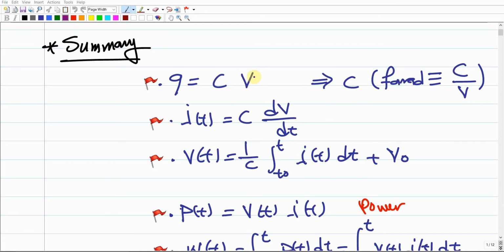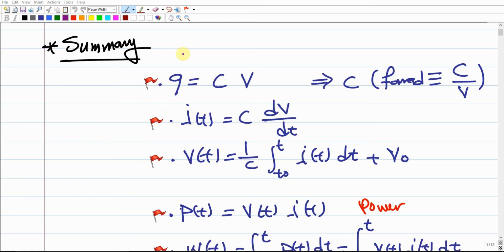So we have a direct relation between the charge and the voltage over a capacitor, which is very similar to what we said for the resistor. The resistor gives a proportional relation between the current and the volt, but the capacitor gives a proportional relation between the charge and the volt.